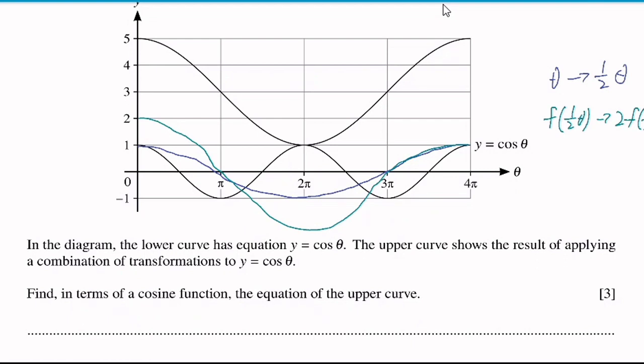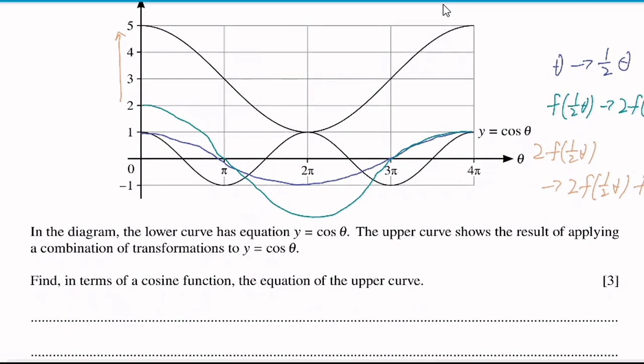The last step that we perform here is to move the graph. We move the graph up by 3 units. So when we move the graph up by 3 units, 2f of half theta becomes 2f of half theta plus 3. That is the transformation that is involved here.